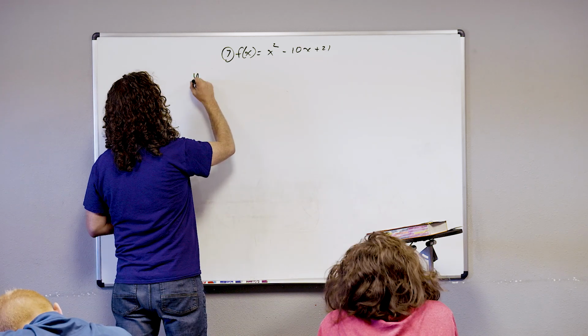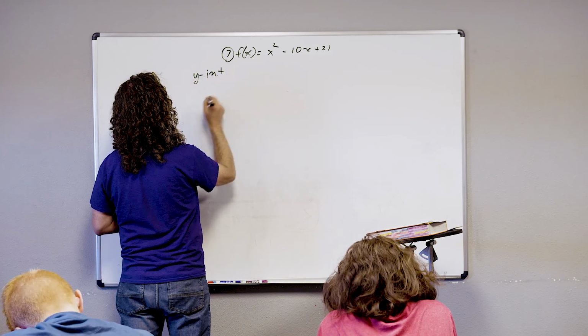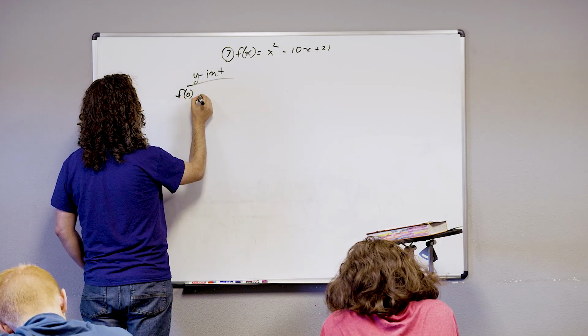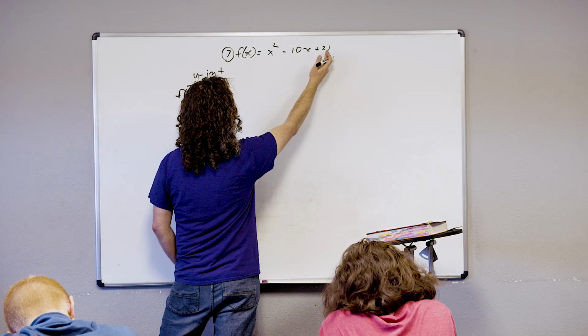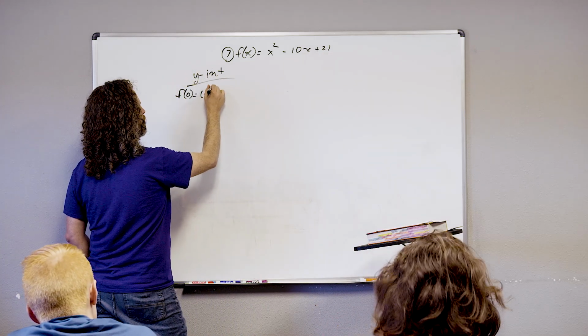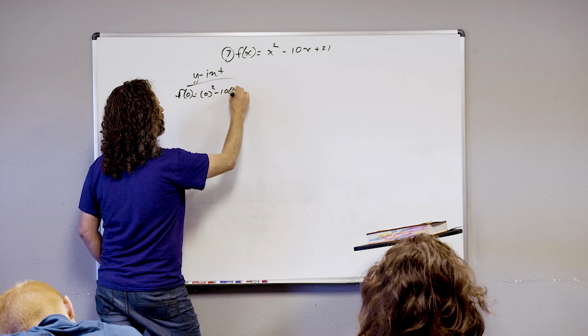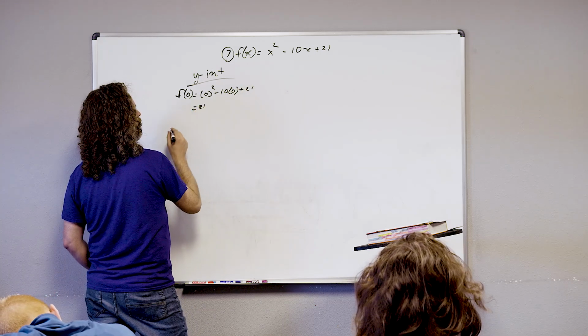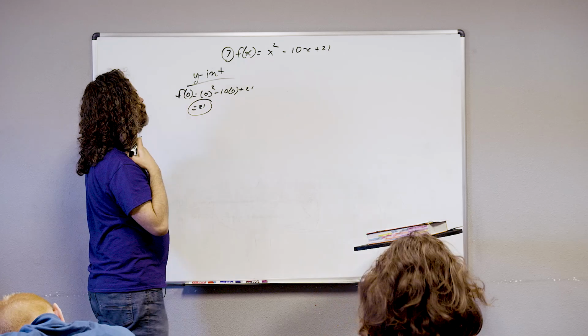I'll write it all the way out just for clarity's sake. We're looking for f of 0, right? Now it's always the c, always. Evidenced by the fact that when we shove 0 in here, all that cancels, and it gives us just 21. So the y-intercept is 21.